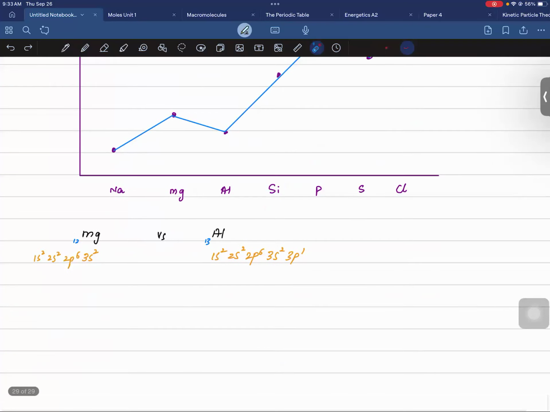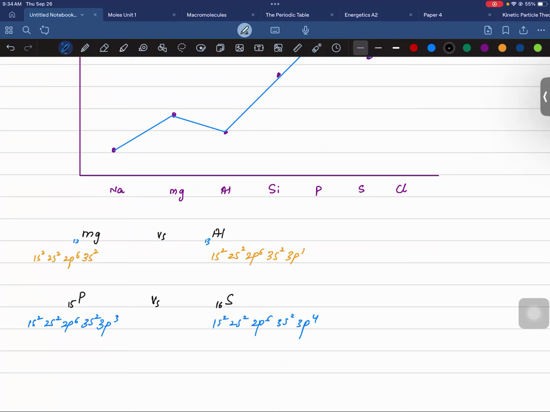Phosphorus is 15 and sulfur is 16. Three P3, and phosphorus is half filled, and the magnesium on the other one is fully filled, so they're more stable. Good. And this is of 2 marks.